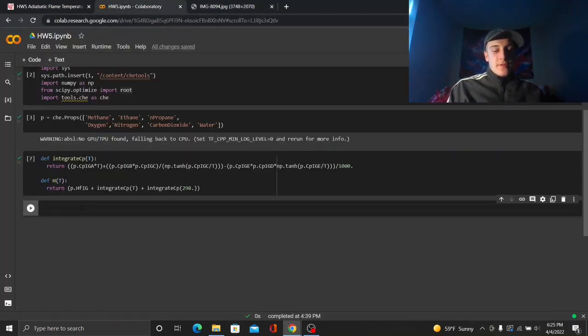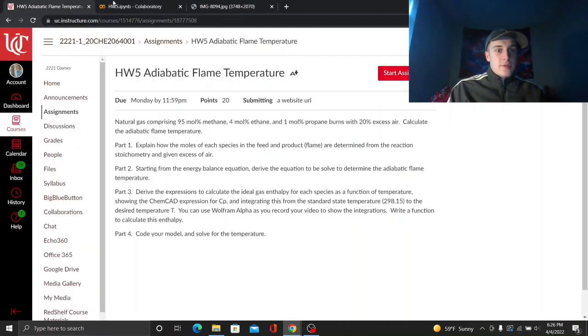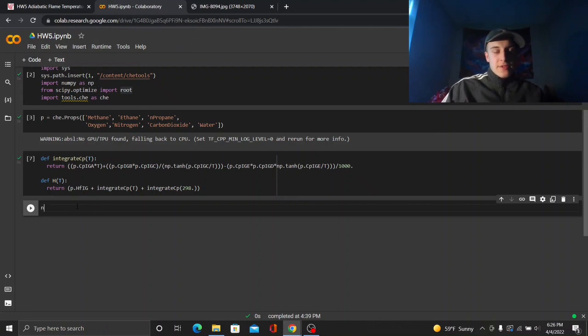So to start off, we are just going to enter what is given to us about the moles of the fuel. So I'm just going to call this like N fuel.